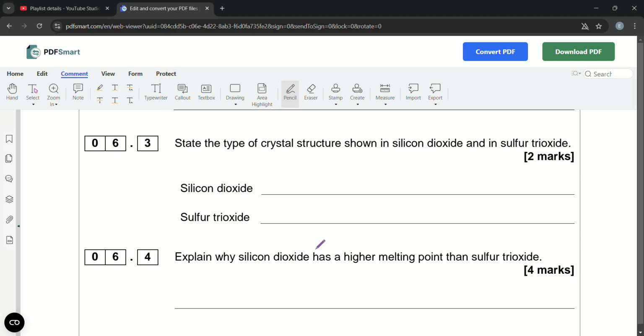Then it says state the type of crystal structure shown in silicon dioxide and sulfur trioxide. So silicon dioxide is giant covalent, or you can say macromolecular, giant covalent, and sulfur trioxide is just molecular, simple molecule.